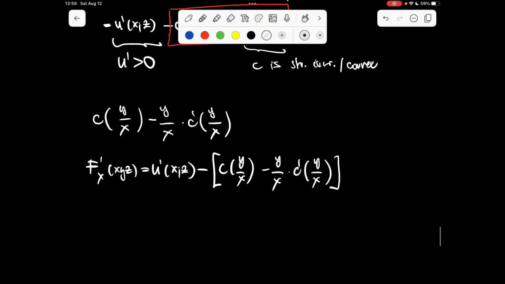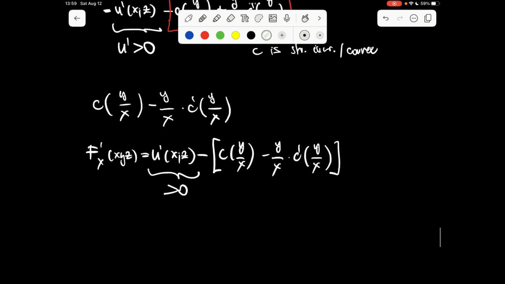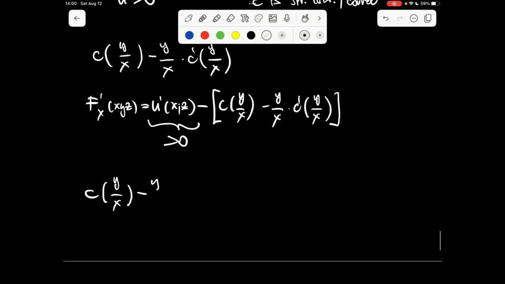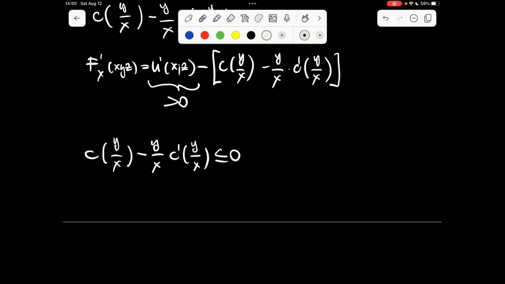Given that this part is positive, then we need to demonstrate that this part, the part in the brackets, is always negative or zero.